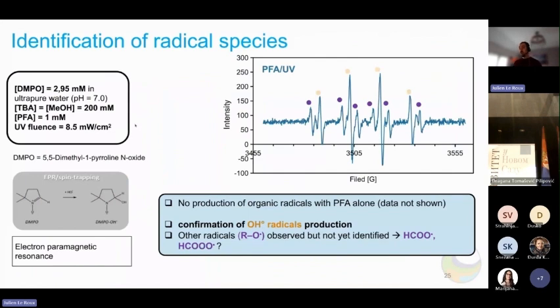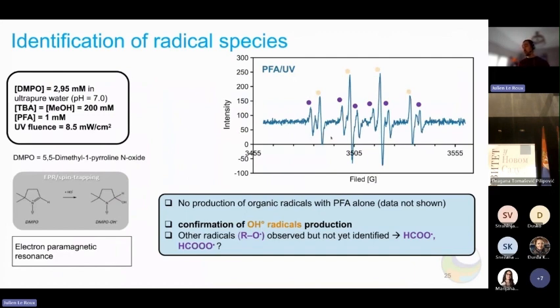To understand how this process worked, we tried to analyze the radical species by electron paramagnetic resonance. I will not go into details of how it's formed or how it's analyzed, but you have to use a trapping molecule. With this graph, you can check the different types of organic radicals, or radicals in general, that can be formed.